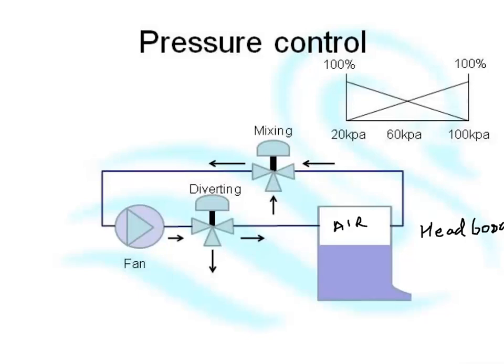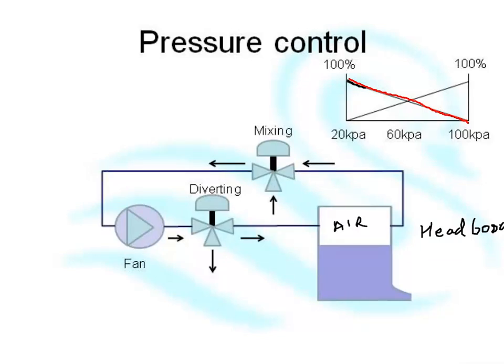And by opening and closing these valves, what I'm trying to show here is that when one of the valves opens, the opposite valve closes. They work in pairs. So this is quite a common application for a mixing diverting valve pair.